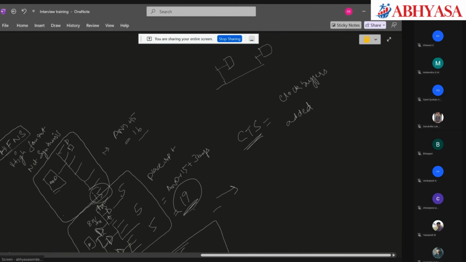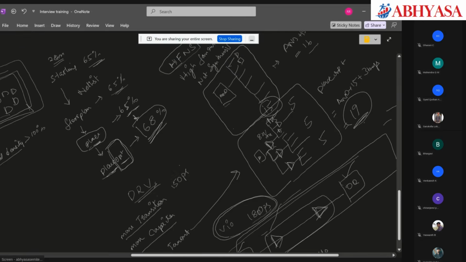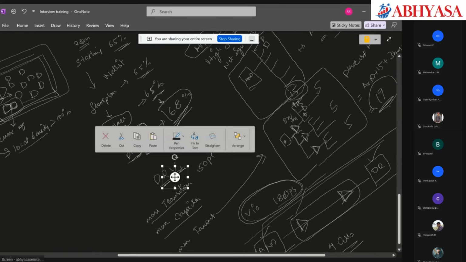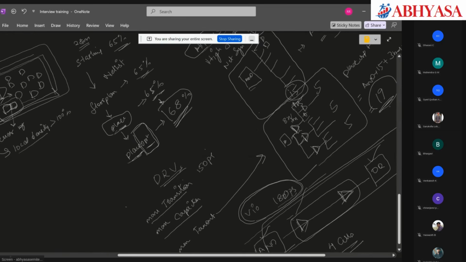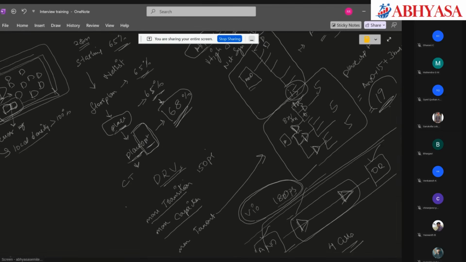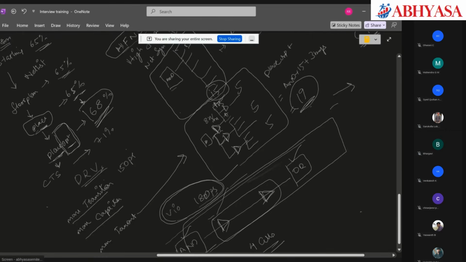So more cells will get added to my design. What will happen to the utilization? Increase. It will further increase, right?